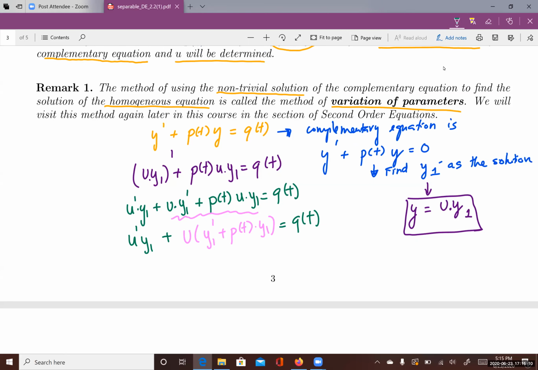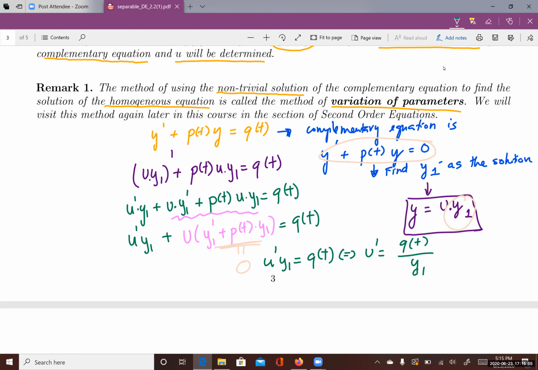And because y1 is the solution to this homogeneous equation, that means this part right here will be equal to 0, and u times 0 is just 0. So what is left over is just this term, u prime y1 equals q of t. Then I can solve for u prime equals q of t divided by y1.